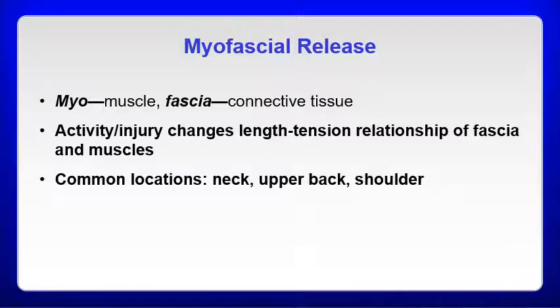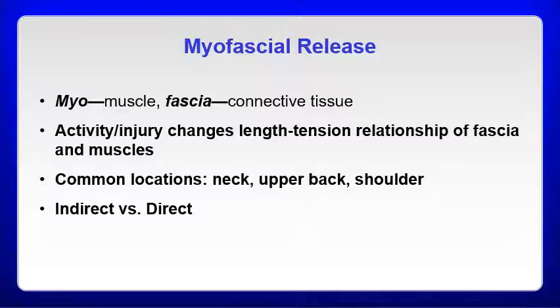And common locations where this happens, the neck, upper back, and shoulder region is a very common area for this. Again, many times because of the tendency for people, day to day sitting at computers and looking at their phones and what have you, to create a situation where those muscles have increased tension on them. And again, the physiology deals with the nervous system and changing that length-tension relationship.